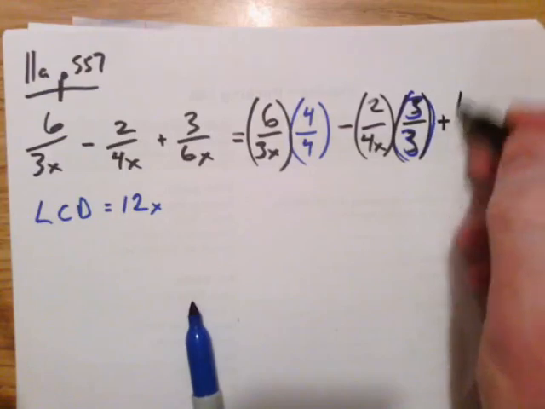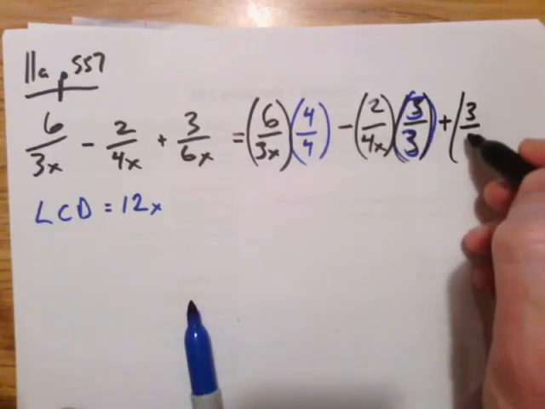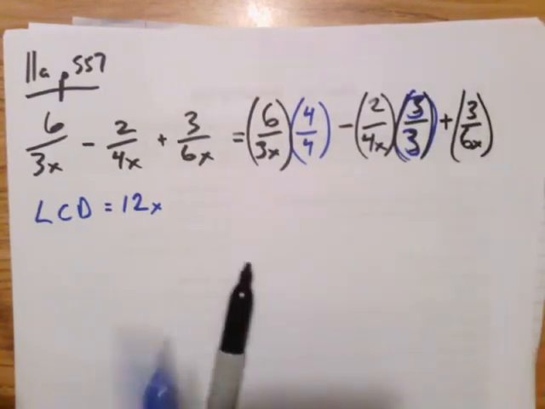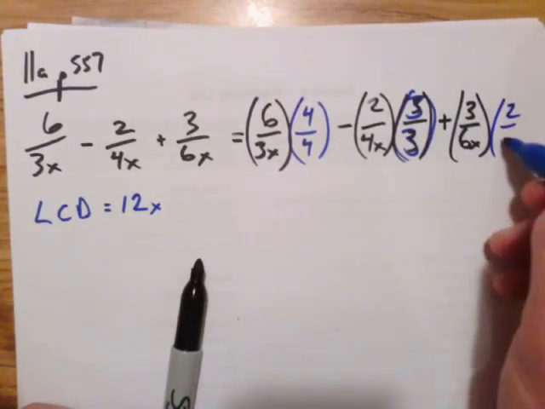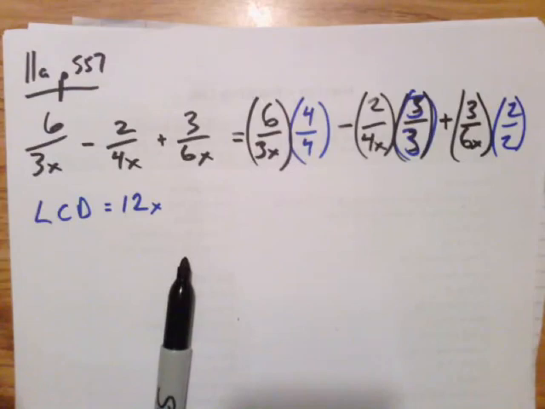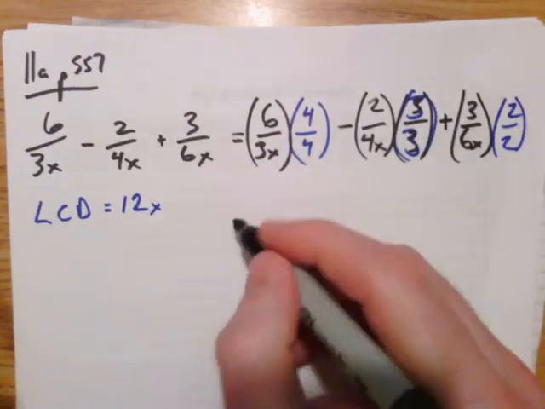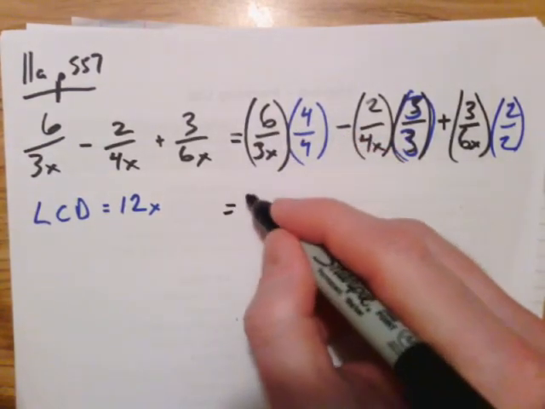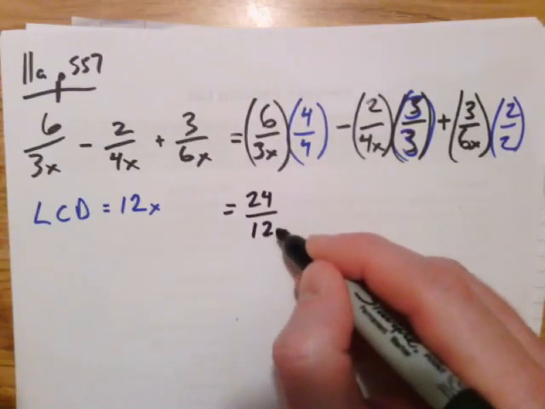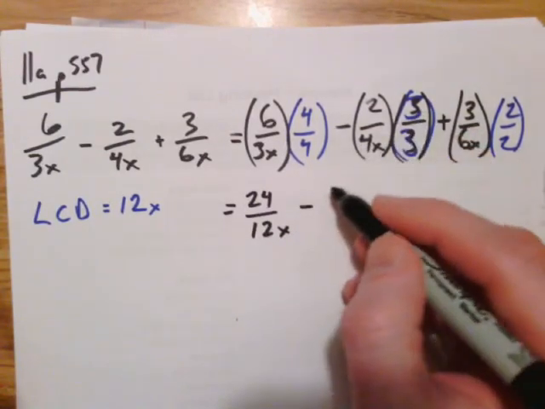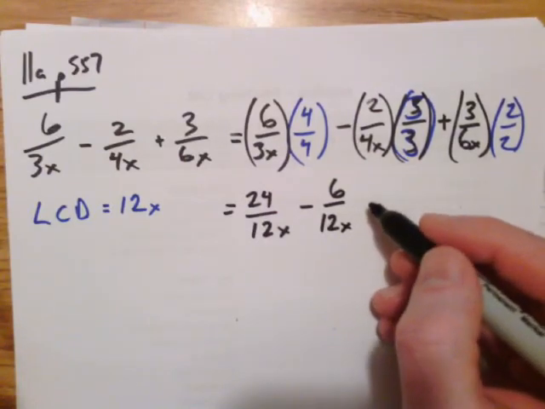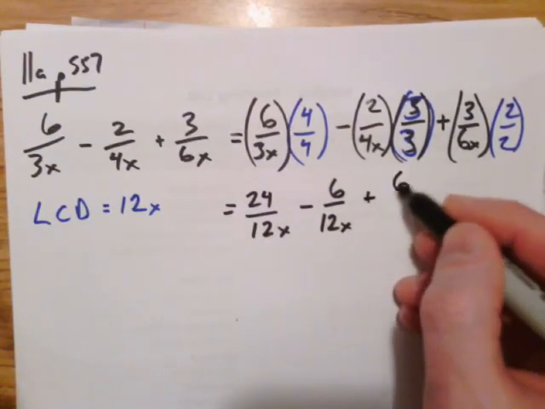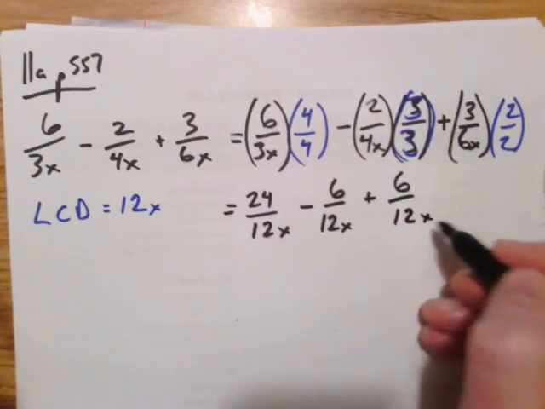Plus 3 over 6x. So this is just going to be 2 over 2. 6 times 4 is 24. 24 over 12x minus 6 over 12x plus 6 over 12x.